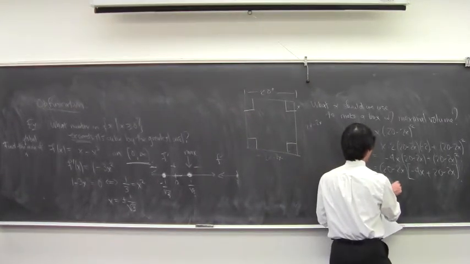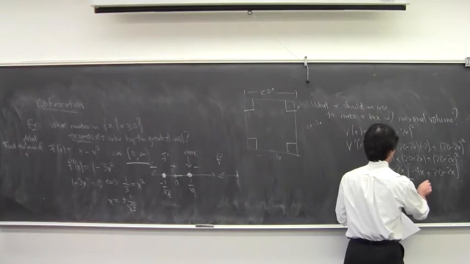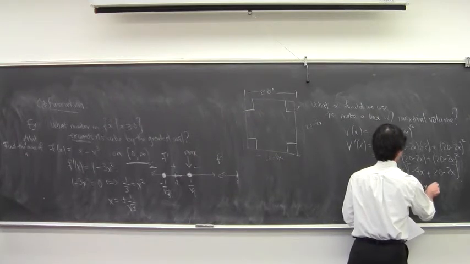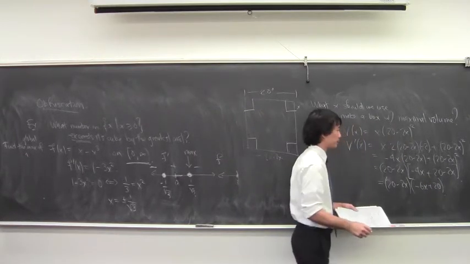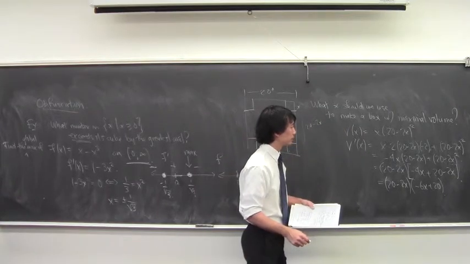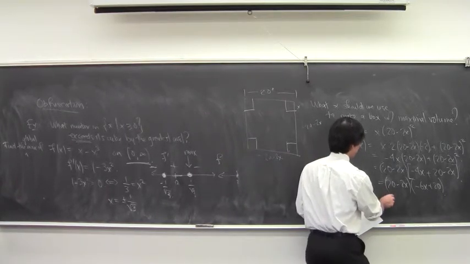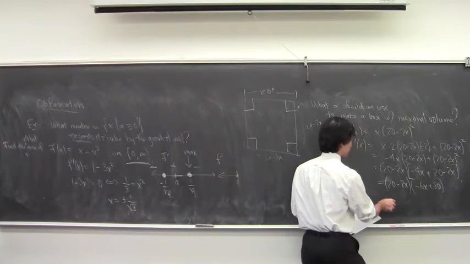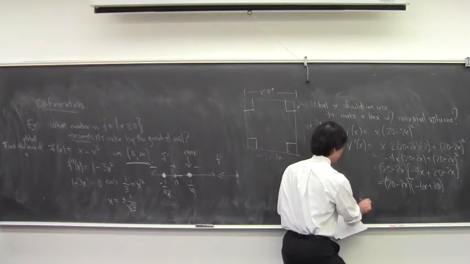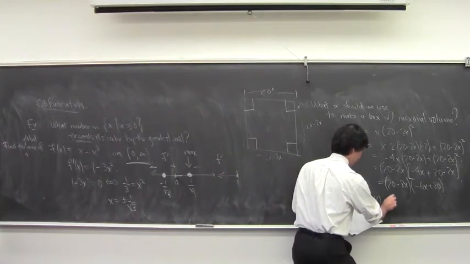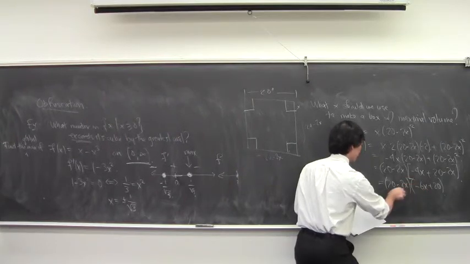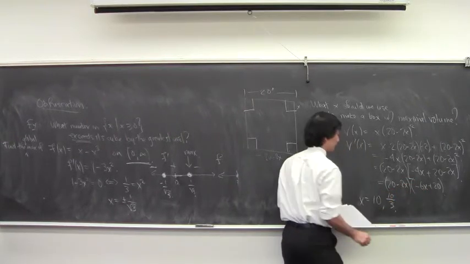And so you get 20 minus 2x times negative 6x plus 20. Right. So what you get, x is either 10 or 20 over 6, in other words, 10/3.